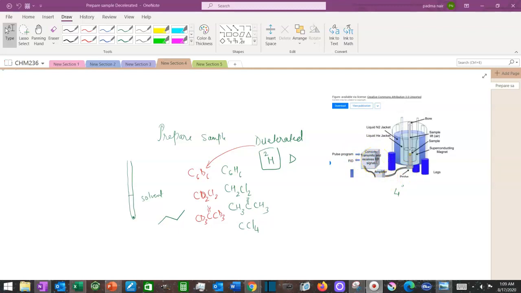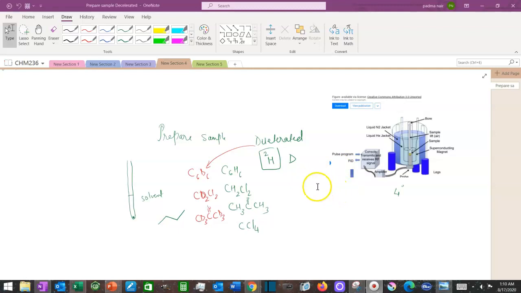The receiver coil records this as a complex FID, or free induction decay, which is a combination of all the electrical impulses generated by each type of proton. The FID is then converted into a spectrum using a mathematical technique called the Fourier transform. And then what you see is an NMR spectrum.